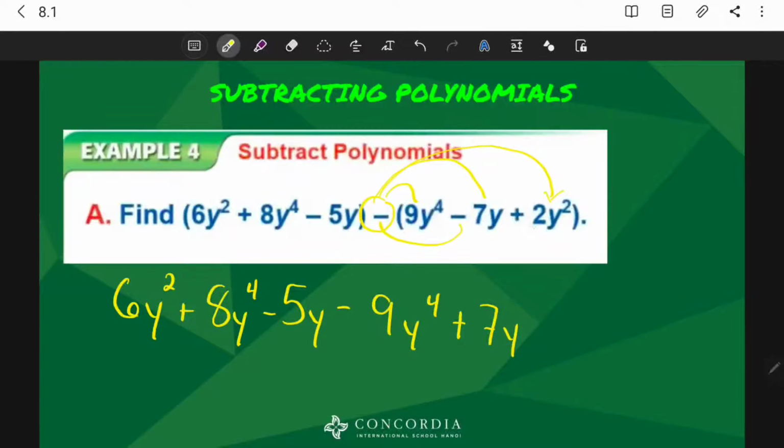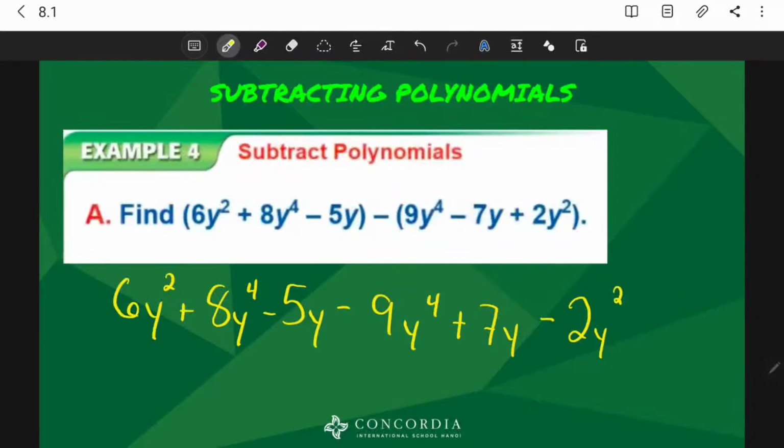And of course, a negative and a positive is also equal to a negative, negative 2y to the power of 2. So the biggest trick when you're dealing with subtracting polynomials is remembering to distribute the negative, well, it should be a negative because you're subtracting across the terms in the parentheses.